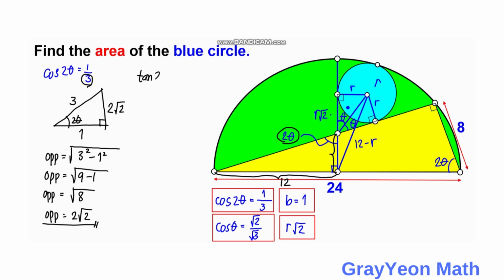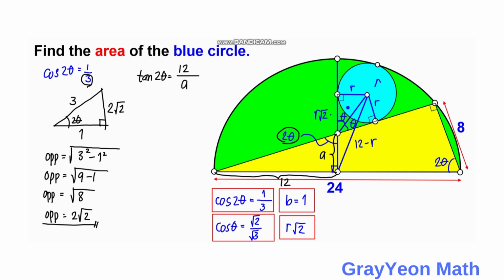Okay, so tangent of 2 theta is equal to the opposite of 2 theta, which is 12, over the adjacent side of 2 theta. This length we do not know, so let's call this A. So 12 over A. But tangent of theta is the opposite over the adjacent.